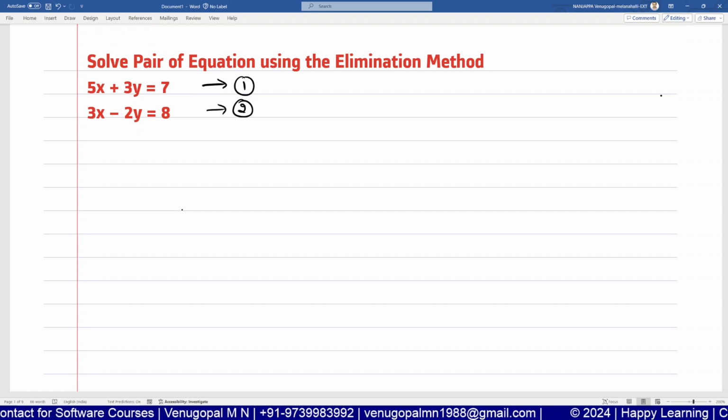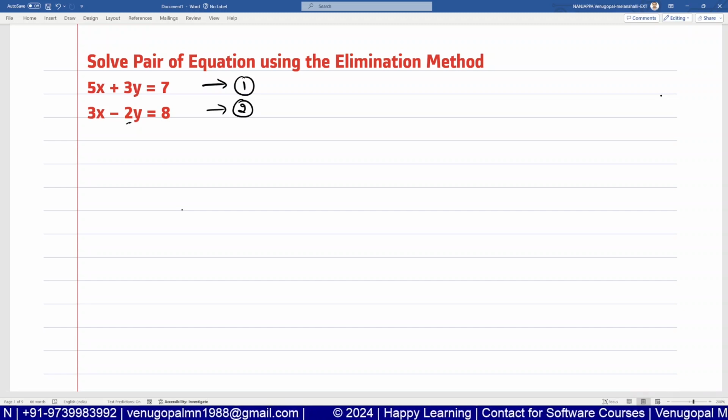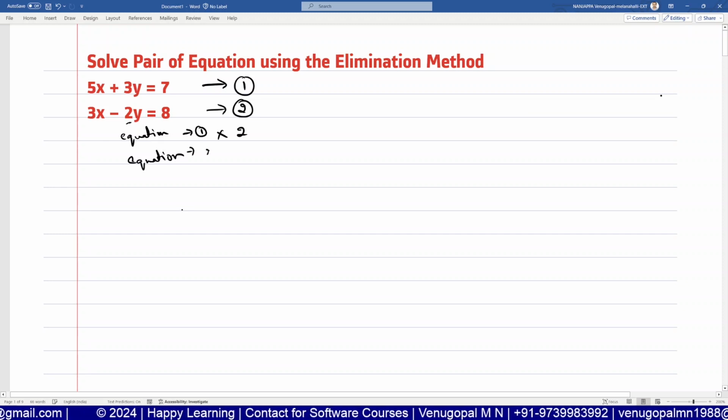If this is 3y and this is 2y, let us multiply equation 1 by 2, which is the coefficient of y in the second equation. Equation 1 we will multiply by 2 and equation 2 we will multiply by 3.